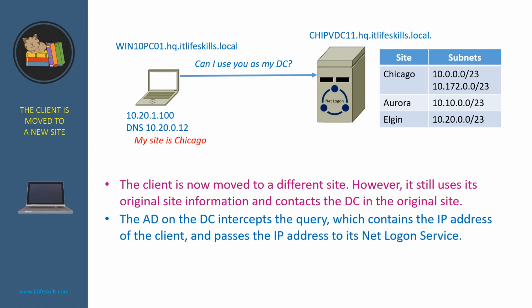The client is now moved to a different site. However, it still uses its original site information and contacts the DC in the original site. The Active Directory on the DC intercepts the query, which contains the IP address of the client, and passes the IP address to its Netlogon service.